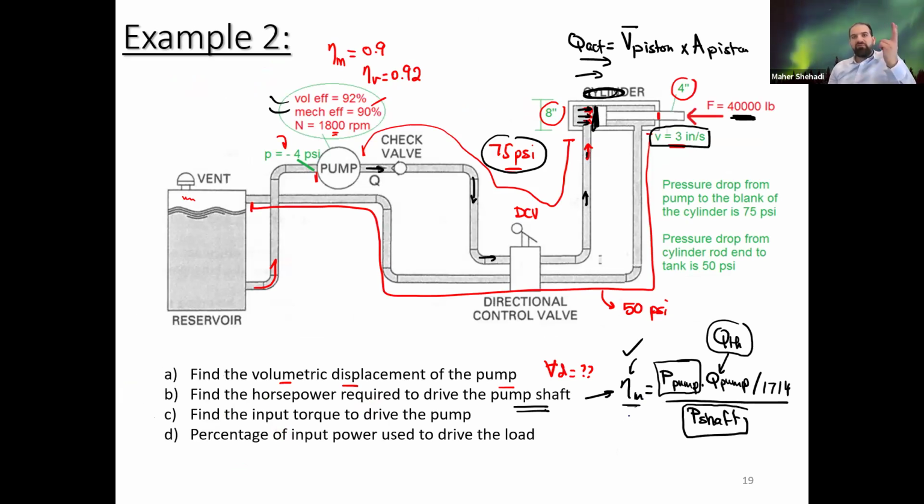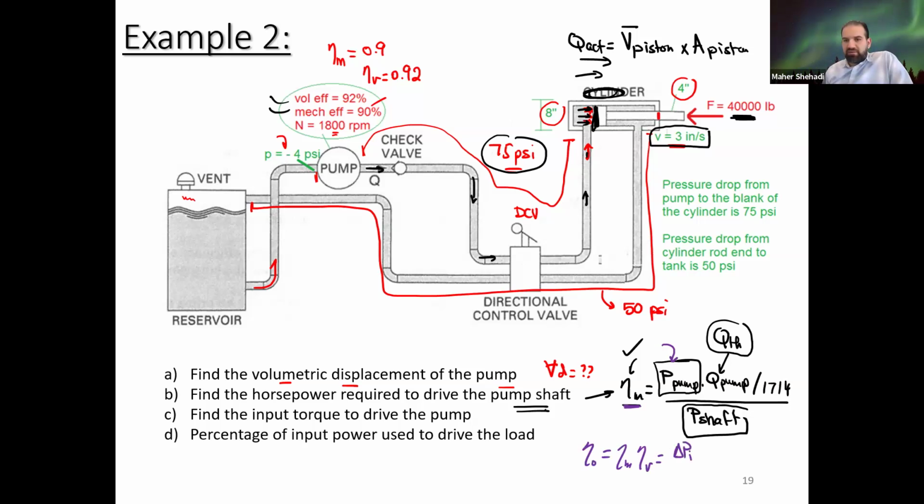So we said we have two equations you can use, either the mechanical efficiency equation, which has the pressure needed by the pump times the flow rate. This would be the theoretical flow rate if you use the mechanical. If you use the overall, which is the mechanical times the volumetric efficiency, that flow rate becomes the actual.